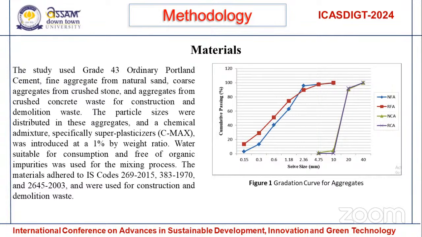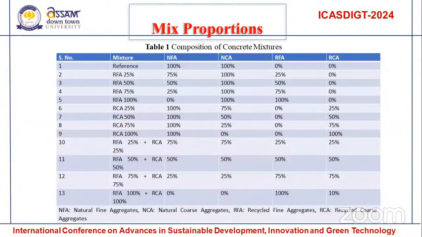For the recycled fine and coarse aggregate, we are using crushed stone aggregates derived from the C&D waste plant nearby in Delhi. Super plasticizer was also used as an admixture at 1% of the cement weight, and the materials are as per the IS code specifications.